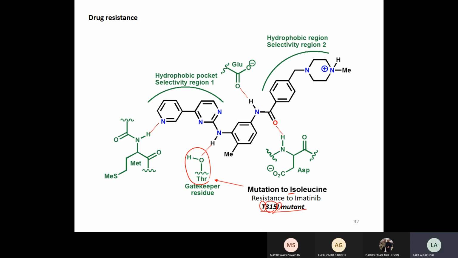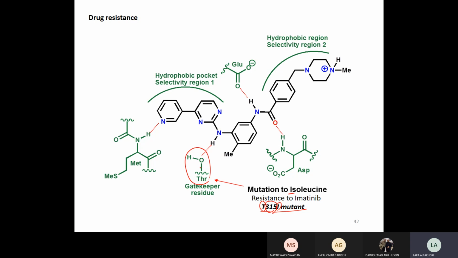What is the difference between the side chains of those two amino acids? Isoleucine is a single carbon chain. Threonine has a hydroxyl group that is able to form hydrogen bond interaction. Isoleucine does not have any functional groups except carbons and hydrogens, which are not able to form any kind of hydrogen bond interaction.